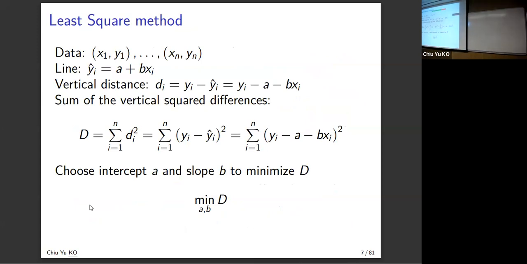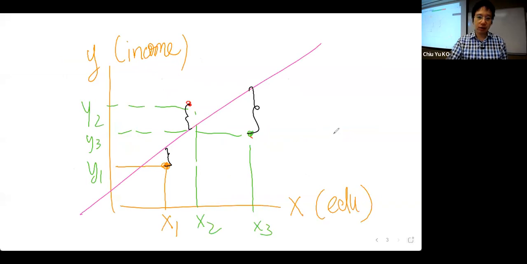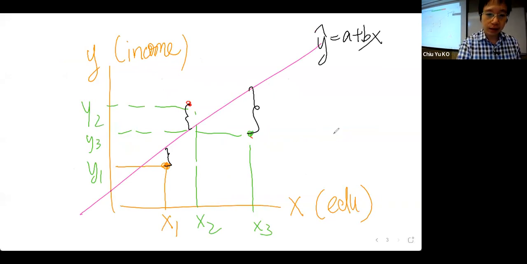So the data is x1, y1 up to xn, yn. The line is called y hat, and maybe I just write it down here, it's easy. So this is y hat equals a plus bx, and this is a here.